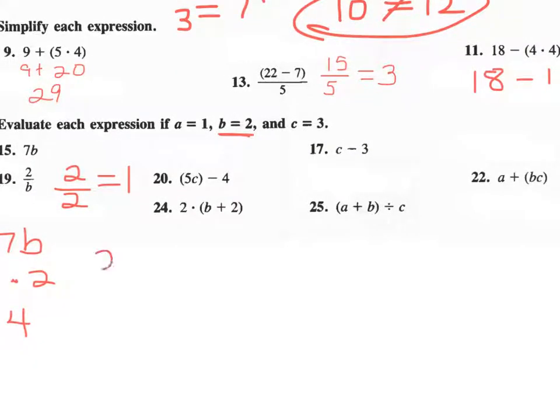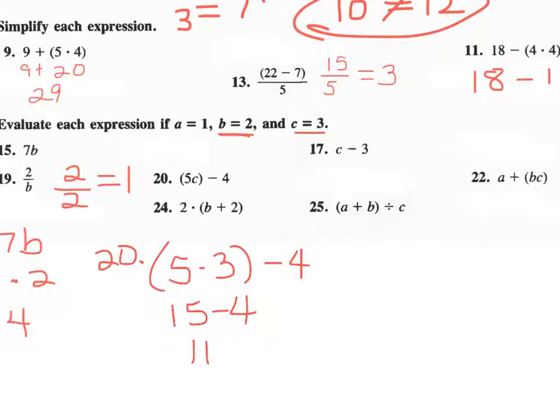Number 20. This time we're using the letter C. And C is a 3. So 5, and then I'm going to do times 3 minus 4. What's 5 times 3? And then minus 4? 11. Perfect. You guys getting the hang of this? All right, let me try one more.